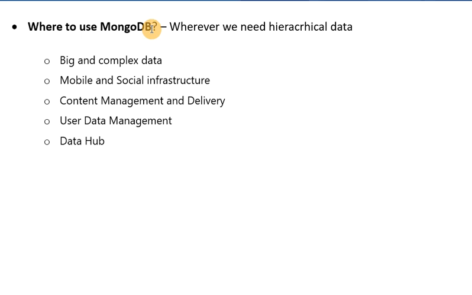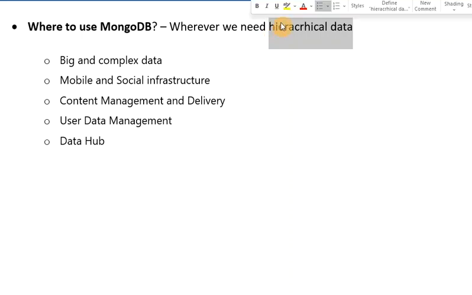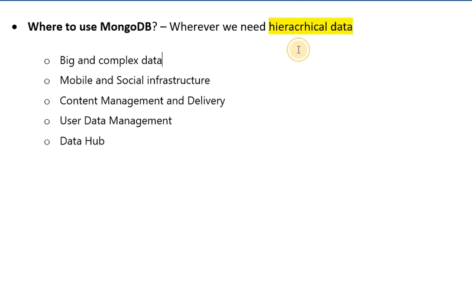If there is a need to store hierarchical data, then it is definitely recommended and preferable to use MongoDB. If hierarchical data is not required, you can choose by your own wish. But MongoDB is particularly suited when you need hierarchical data, so at that time it is recommended to use MongoDB.